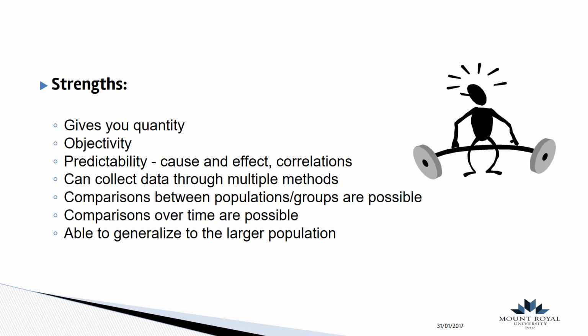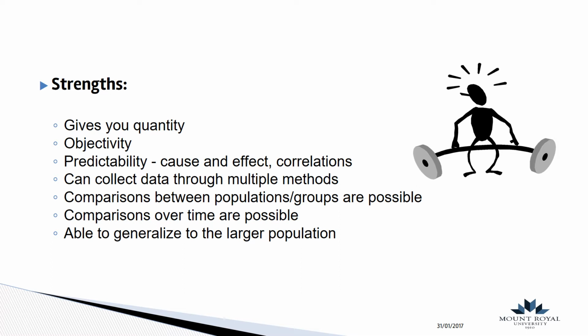It is often utilized for predictability, so that we can look at cause and effect, but also correlations or relationships between the treatment, the intervention, and the outcome. So we aim for both of those things.